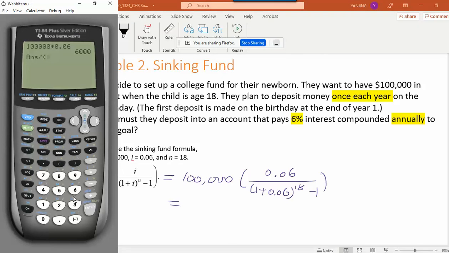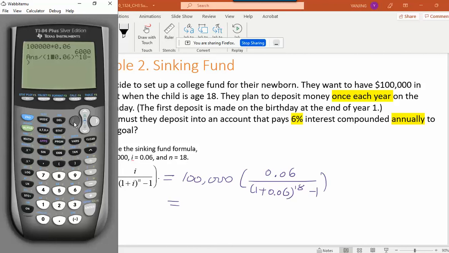The entire thing needs a parenthesis, and then I have 1 plus 0.06 to the power of 18, and then minus 1. Oh, I forgot a parenthesis already. I need to have a parenthesis at the very beginning here.